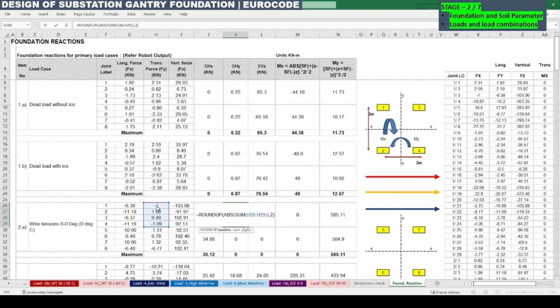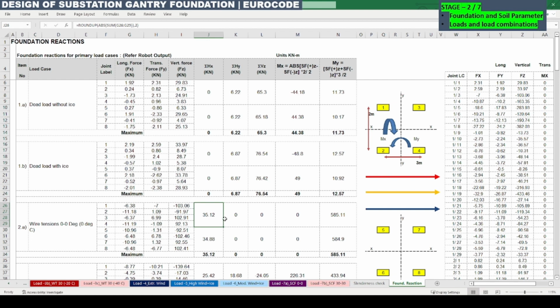One leg is subjected to -7, another leg is subjected to +7, and leg number 2 is subjected to 1.09, and leg number 4 is subjected to -1.09. So the summation of all these forces will give you 0. This is the resultant force acting at the foundation. That's why if the wire tension is acting parallel to the x direction, then we will be getting only the parallel forces, that is Hx. So that is what is derived here.